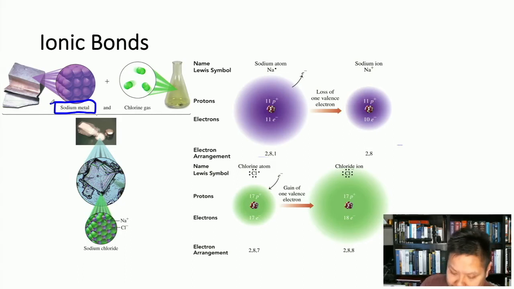Why is that? Because sodium has one extra electron just floating around, and that electron needs to go somewhere. Even though sodium metal is neutral right now, it has an extra electron just sitting there.